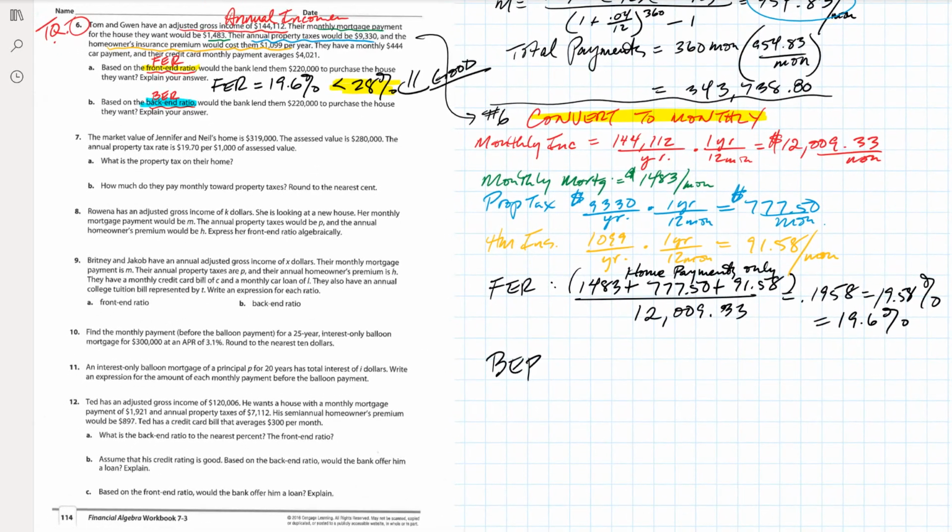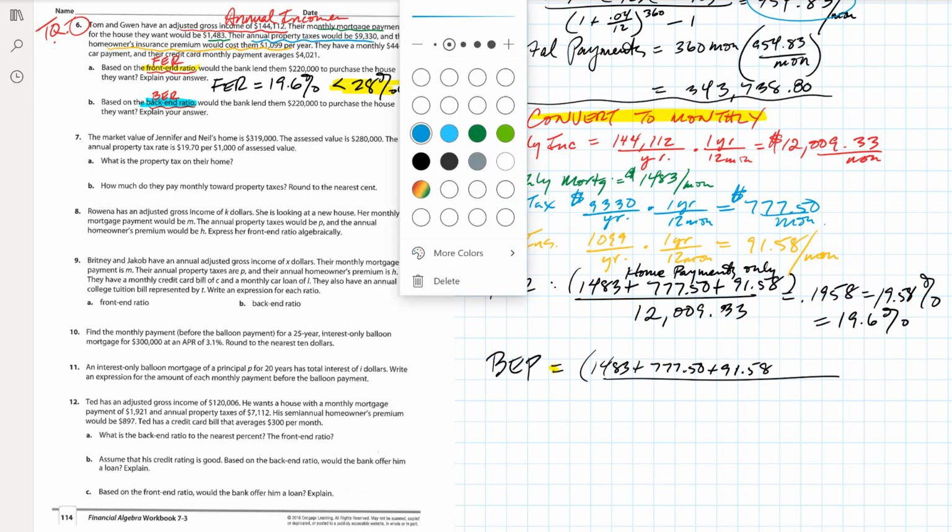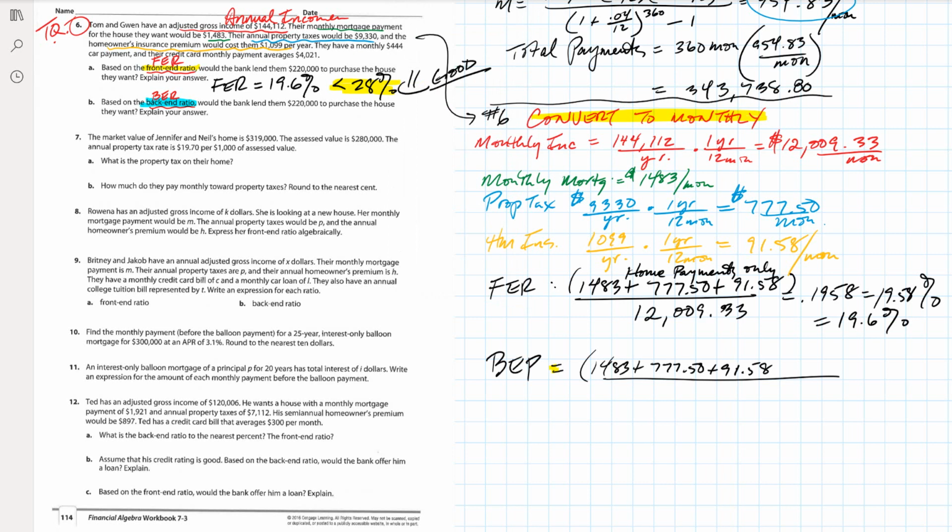Now, you also have to satisfy the back end ratio. This one includes the car payment and the credit card payment. It's basically the same idea, but I'm going to add 2 more numbers. We take the 1483, the 777.50, and the 91.58, and then add in the monthly $444 car payment and the credit card payment.